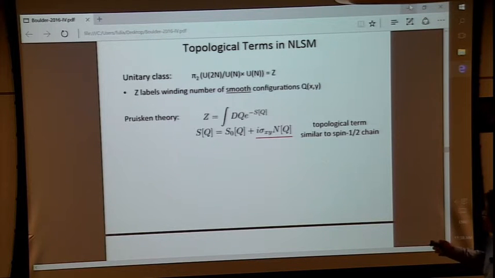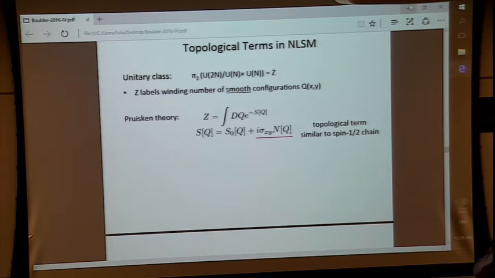So for this particular manifold, we can actually look at a simple example. When n is equal to 1, this U2 divided by U1 cross U1 is just a sphere. So now we have a mapping from real space to an order parameter space, which is a sphere. So we can have a skyrmion configuration, right? The skyrmion configuration has a non-trivial pi 2, where the index associated with the skyrmion is an integer, is 1, is non-zero.